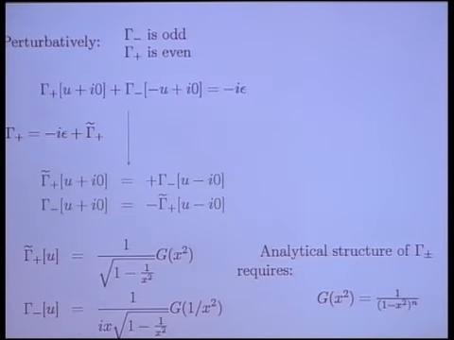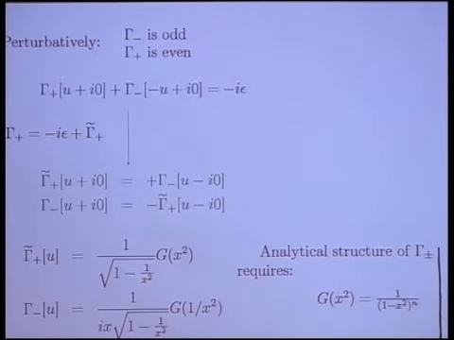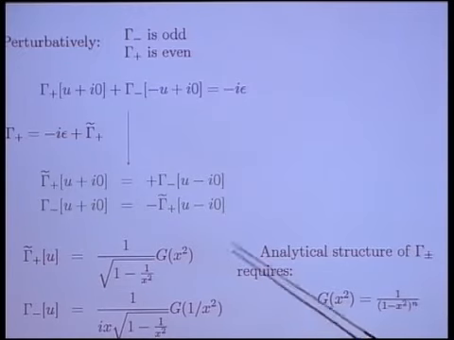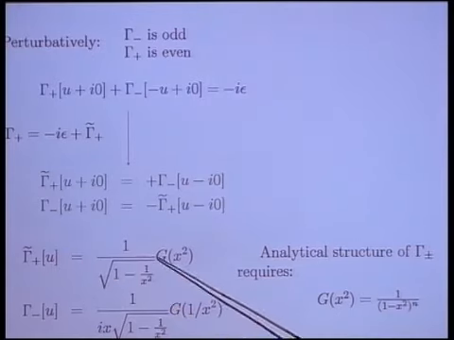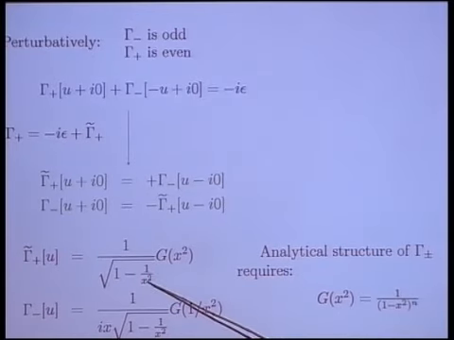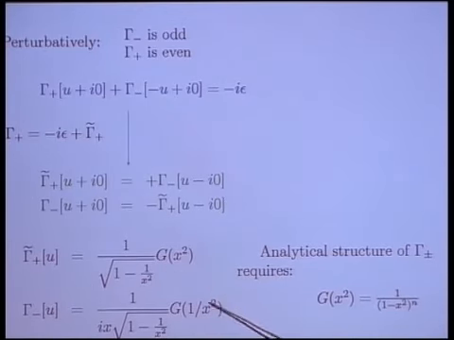This means the very simple fact that gamma plus and gamma minus are branches of the same analytical function, which lives on a four-sheeted Riemann surface. It's very simple to solve this Riemann-Hilbert problem explicitly. This is this function. This is the Zhukovsky map, so it has another square root here. And this function g is some analytical function.